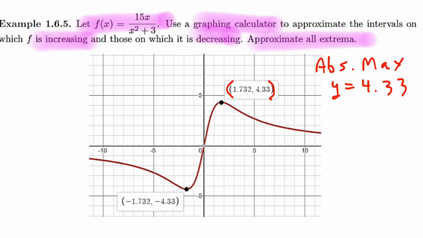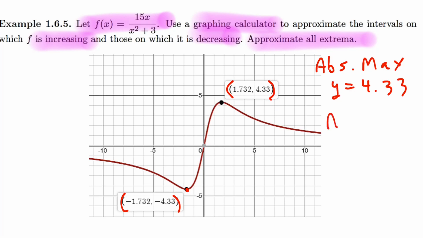It depends on how your question is being asked, whether they just want the y value or whether they want the ordered pair. Just read the question carefully. All right, and then the absolute min would be this point here.